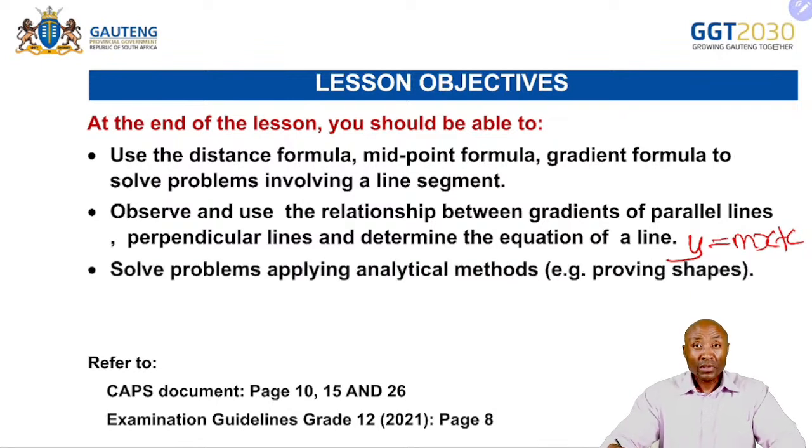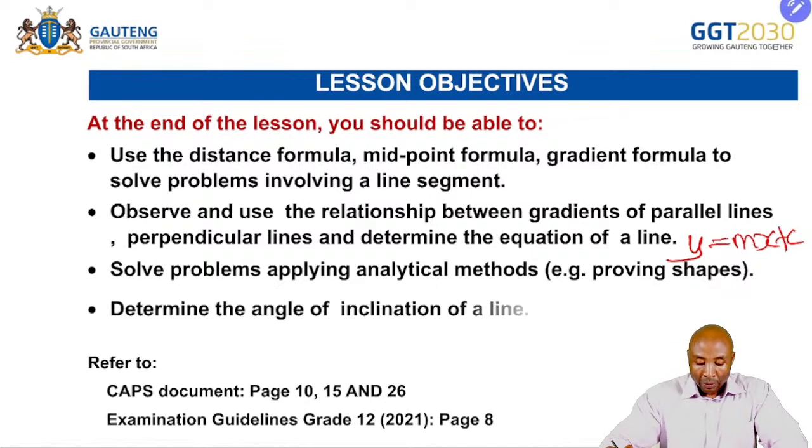Now, we should be able to solve problems applying analytical methods, e.g. we'll be proving shapes. If a shape is a triangle, you have to prove the different types of triangles that we have. We also use analytical methods to determine the angle of inclination of a line.